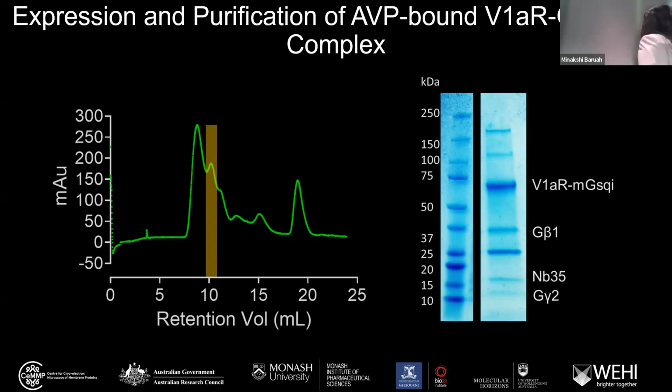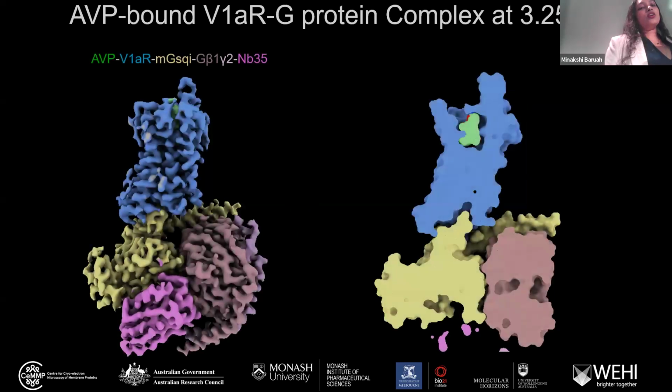I expressed and purified this using the protocols that I already described before. And we could see a complex in SEC and all the corresponding components present in the complex, suggesting a successful complex formation. Then we took this sample to cryo-EM and we obtained the structure at 3.25 angstrom.